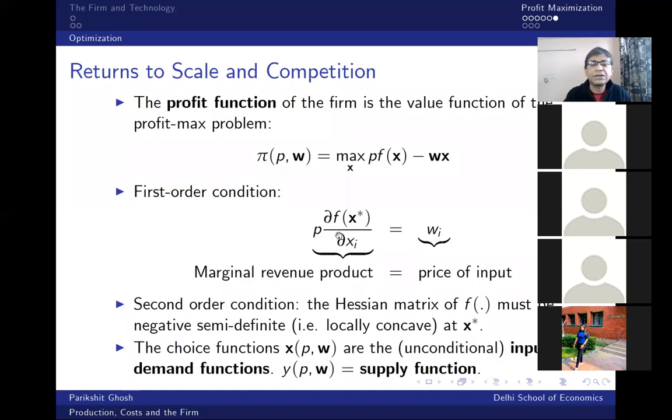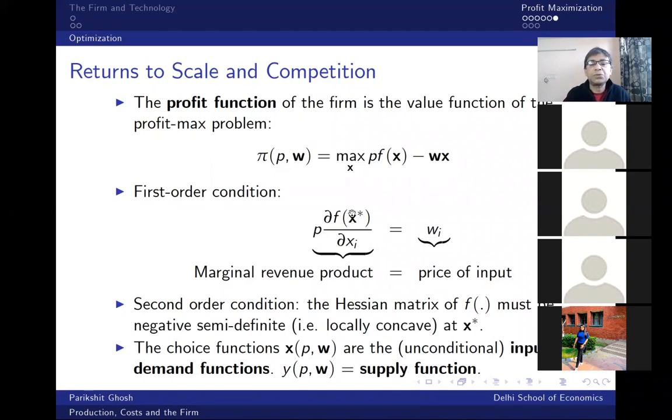This is the marginal product of the ith input in terms of physical quantities of output. How many cars will be produced in a year if we add an extra worker to the workforce? That's that quantity. Multiply that by the price of each car.